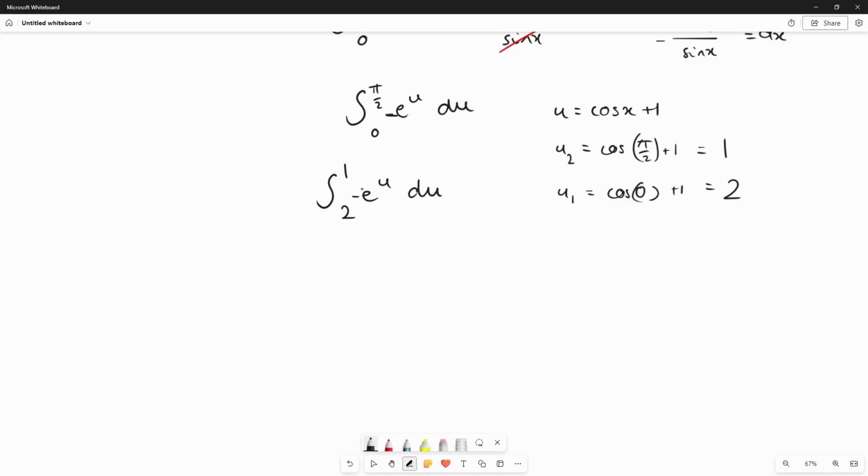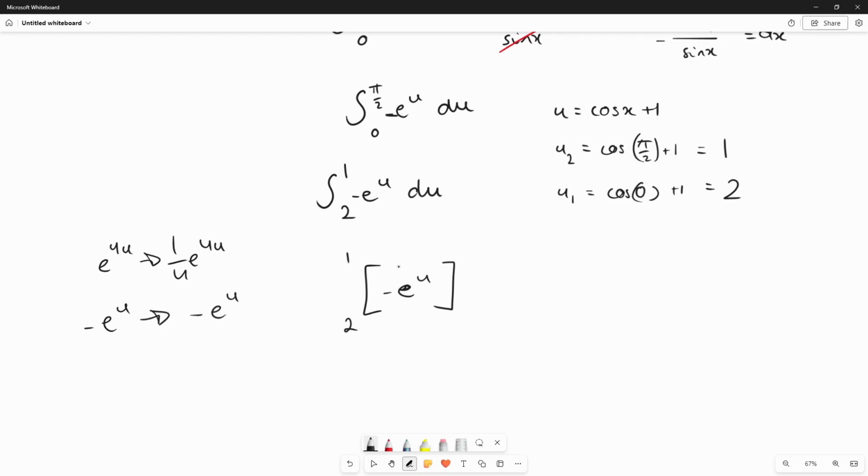So let's say for example e to the 4u, when you integrate that, you get 1 over 4 e to the 4u. But we have e to the u minus e to the u, and when we integrate that, we'll just get minus e to the u, because we'll just bring 1 down. So when we integrate that, we'll get, from 1 to 2, minus e to the u.